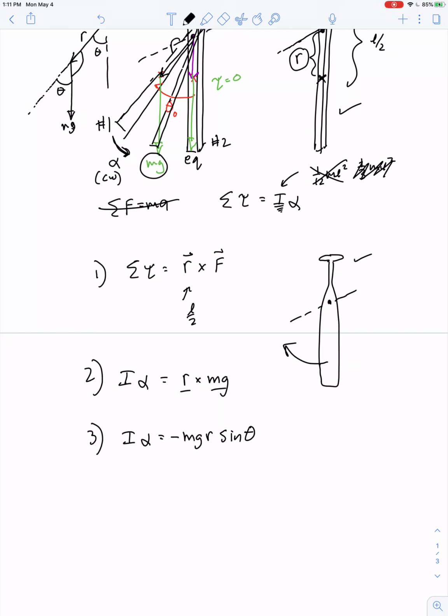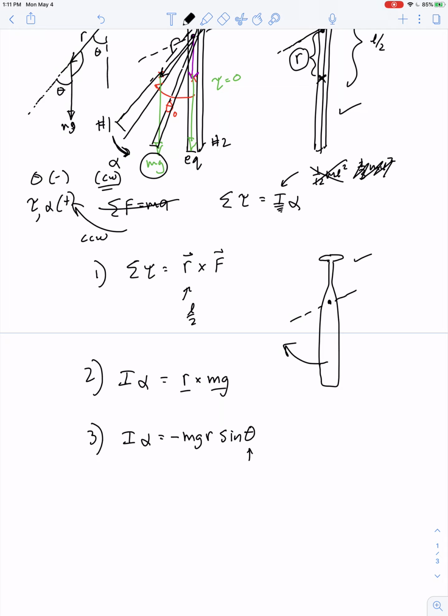The torque then is clockwise as well, but the angular displacement, theta, we'd imagine pulling it back in the counterclockwise direction. So when theta is negative, the torque and alpha are both positive.